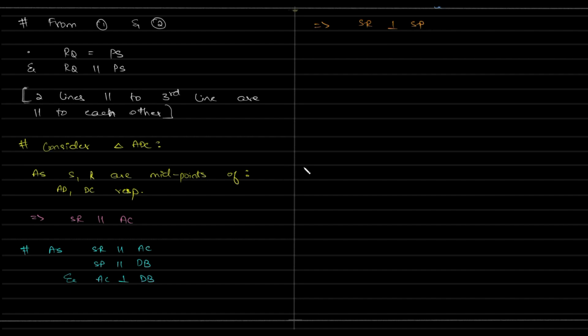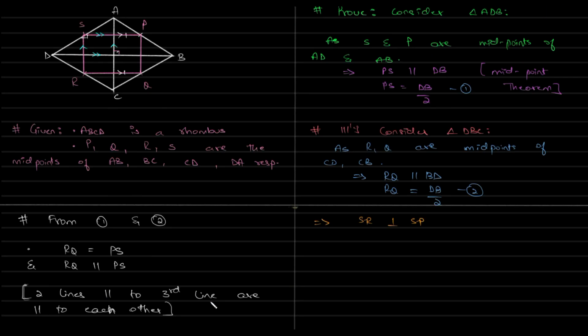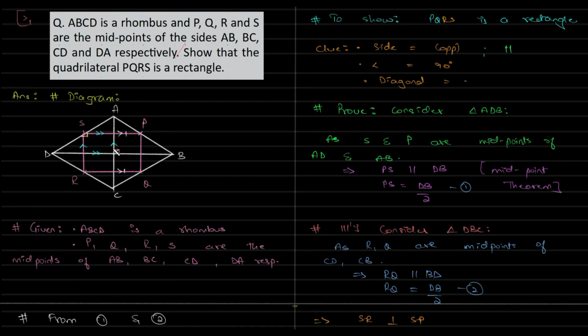The reason being AC is perpendicular to DB because the diagonals of a rhombus bisect each other at right angles. So hence we have these two angles to be 90 degrees.